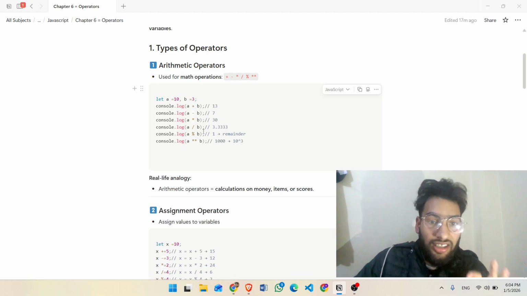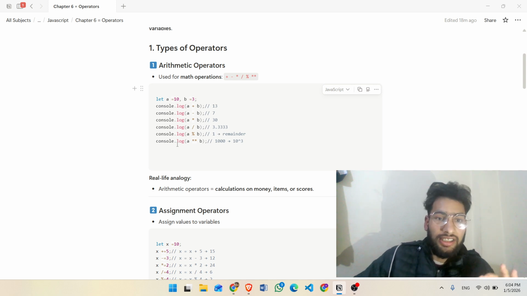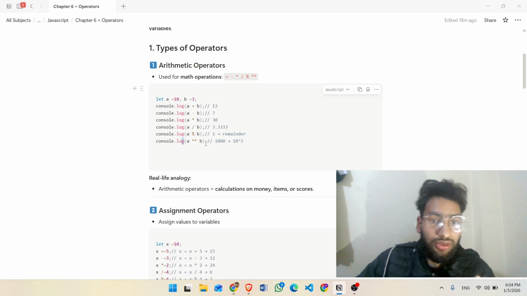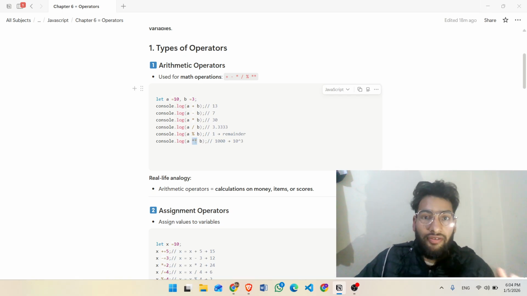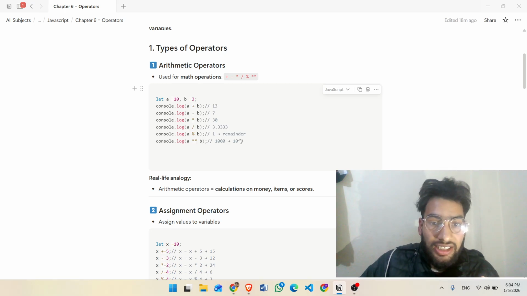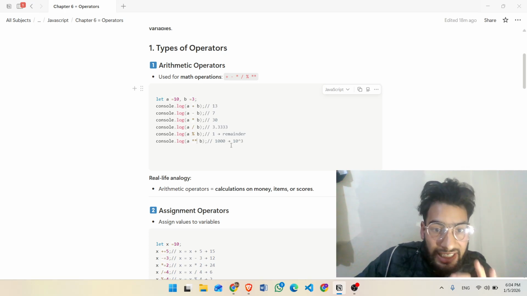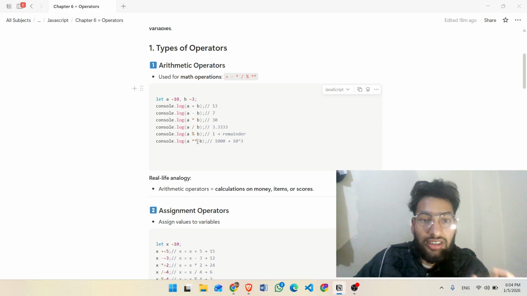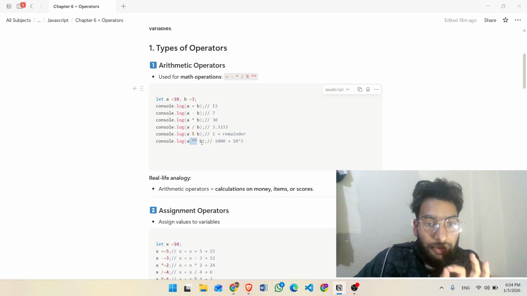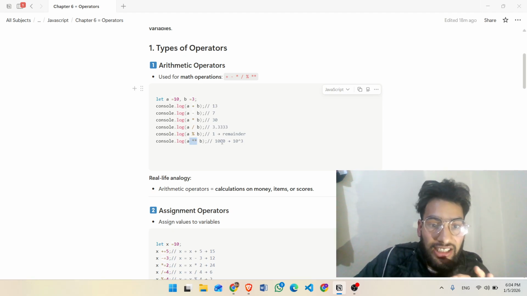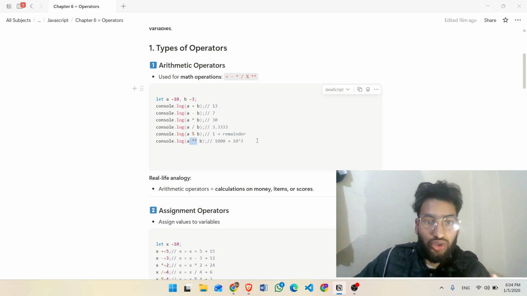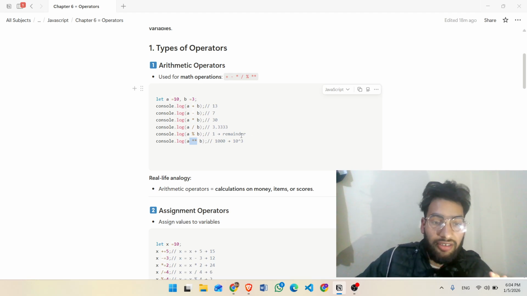This is the divided value and this is the remainder value. And we use this double asterisk to find the power of a to b. Here it is 10 to the power of b, which is 3. It gives 1000. So this is the power value.